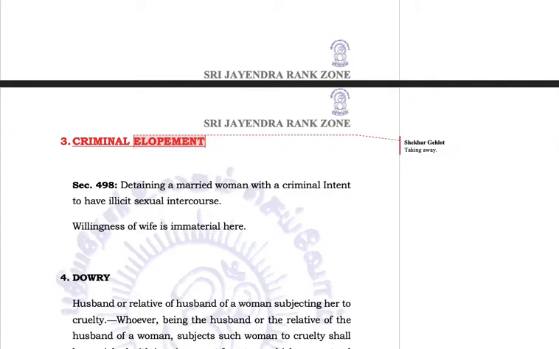You have taken away someone's wife with you, and you have the intention of having illegal sexual intercourse with her. It is punishable. Willingness of wife is immaterial; even if the wife says that sexual intercourse has taken place due to consent, it will not be a valid defense and you shall be guilty.